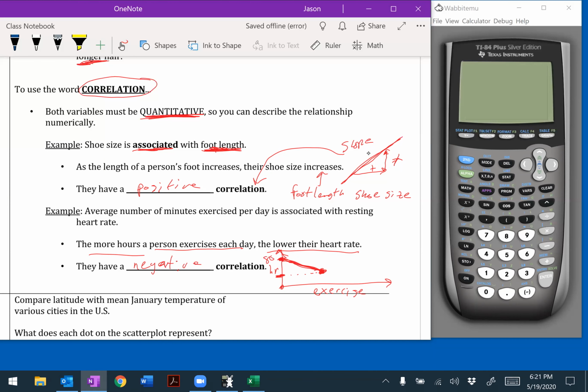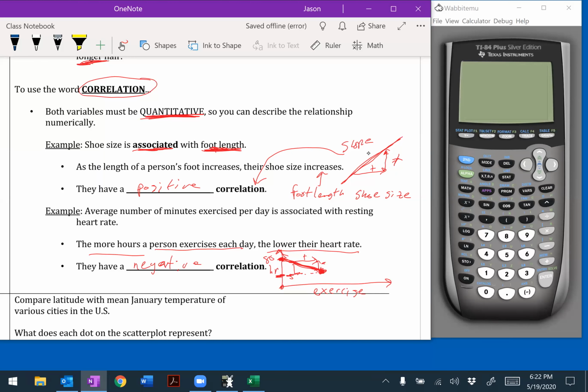Okay, so this is a negative trend. Why? Because as I go over in the positive direction, I'm going down in the negative. So over positive, down negative, and so the slope here.